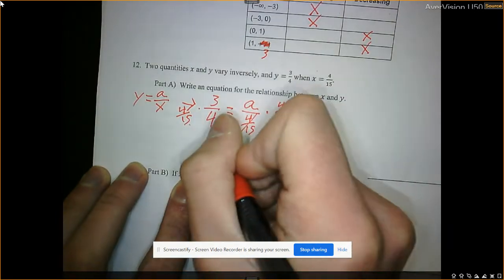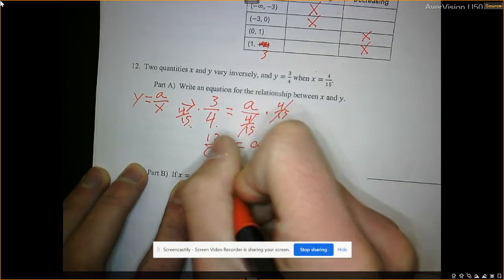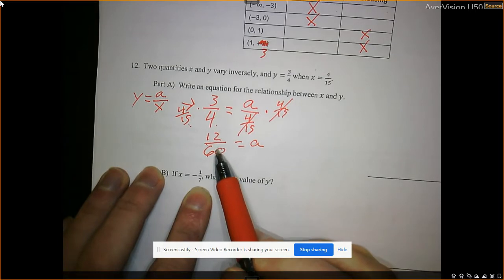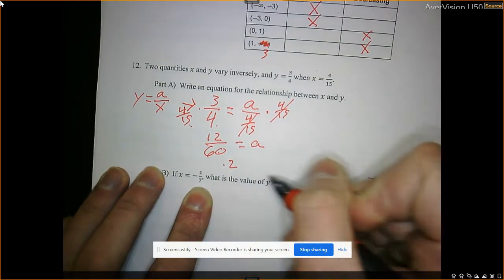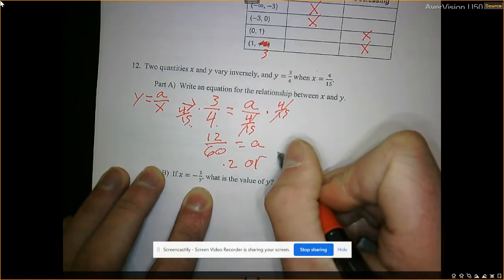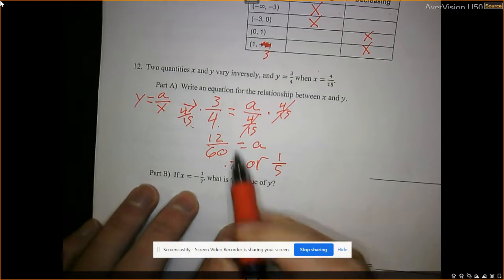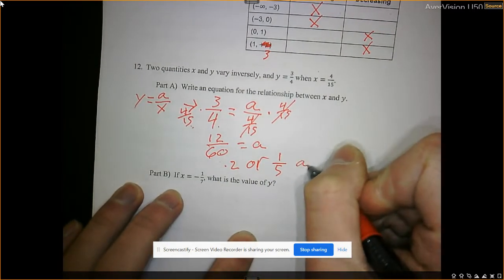Well, 4 times 3 is 12. 15 times 4 is 60. So a is 12/60ths. You could do 12 divided by 60 and get a decimal, 0.2, or that's 1/5, because both of these can be divided by 12. 12 divided by 12 is 1. 60 divided by 12 is 5. So this is what you get for a.